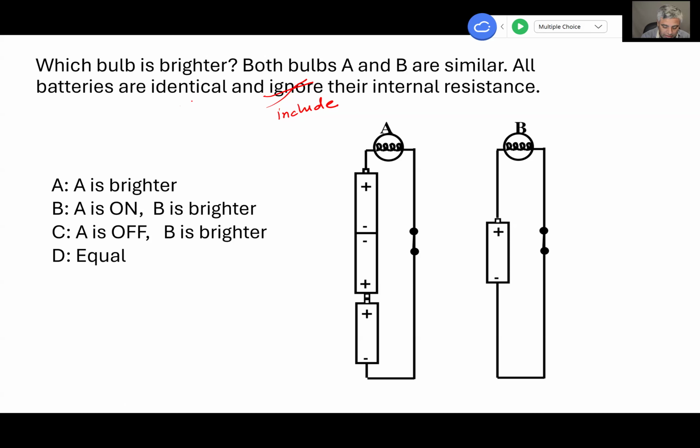And internal resistance is also identical, okay? Same, all of them have R, let's say. How is this answer gonna change or gonna be the same, okay?